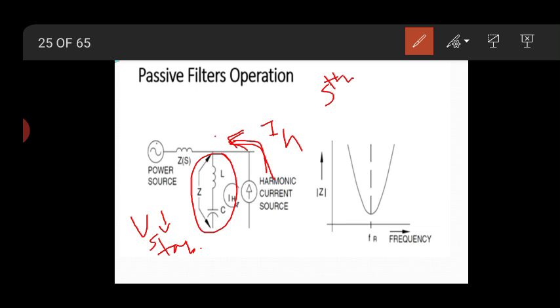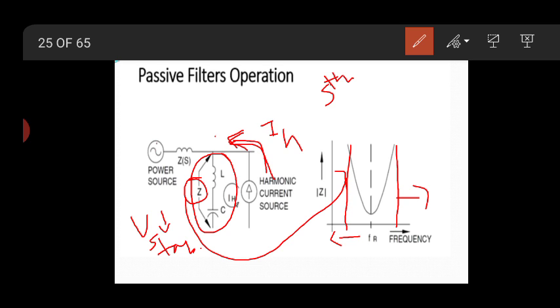This filter is connected in parallel, and you can see how this filter will act. The impedance of the filter will be higher for lower frequencies, and it will also be higher for higher frequencies. In this zone the impedance will be very high, and at this zone the impedance will be very low.